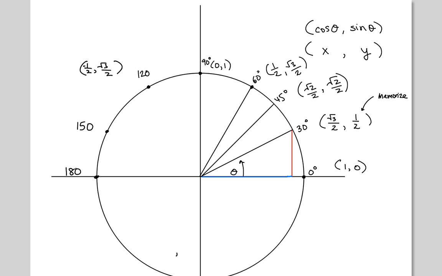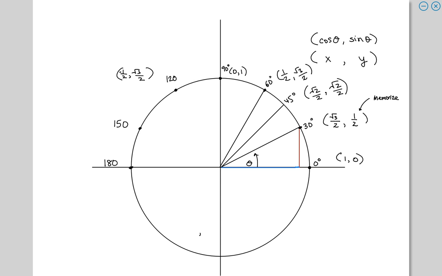And then for the 150, it's the same as the 30. It should be the same spot as the 30. It's reflected. It's a mirror image. All that changes is the x will change the sign. And what was the value in between 120 and 150? 45. And how do you find that out?